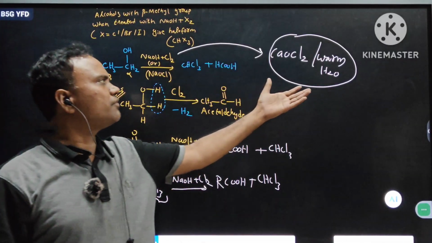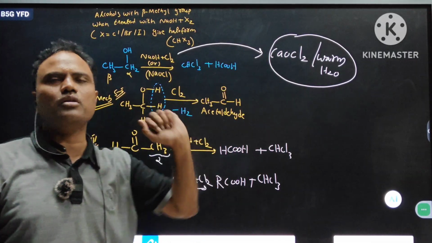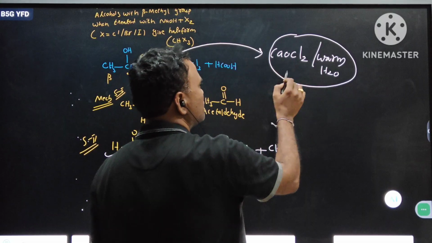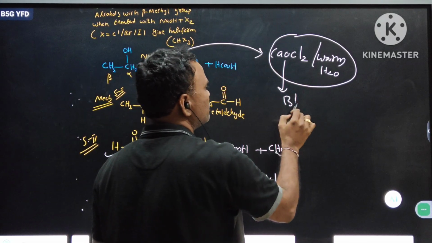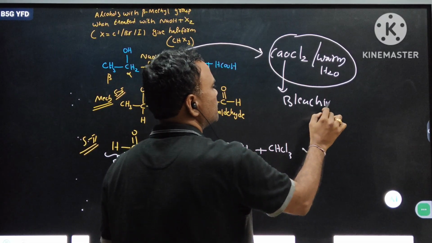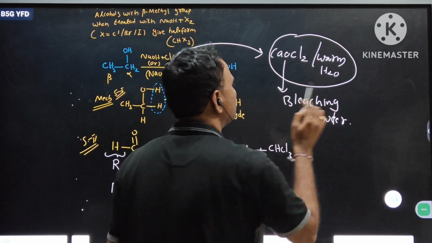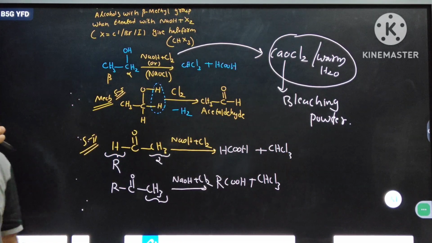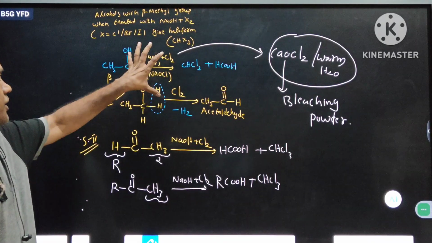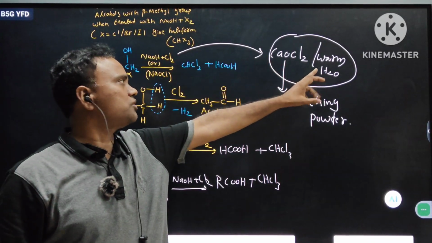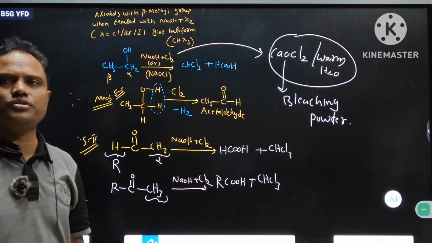Sometimes we may get a question with the bleaching powder also. What is its name? Bleaching powder, CaOCl2. Everything is the same, writing the product, everything. Clear? So in place of NaOH Cl2, if you observe CaOCl2, follow the same procedure.